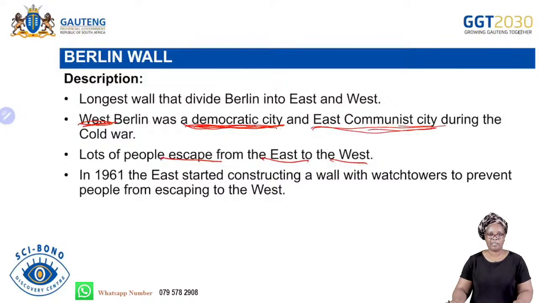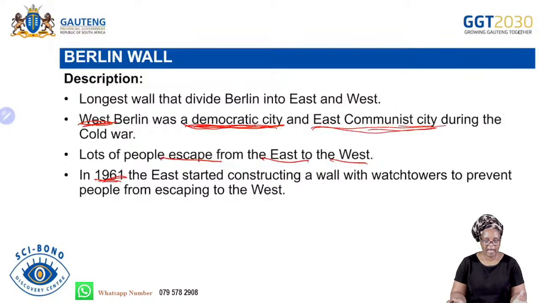You know what democracy is. In 1961, the East, which was communist, started constructing a wall to divide the two. And this wall had watchtowers. These watchtowers were used to prevent people from escaping to the West. Remember we said that people from the East were moving to the West.